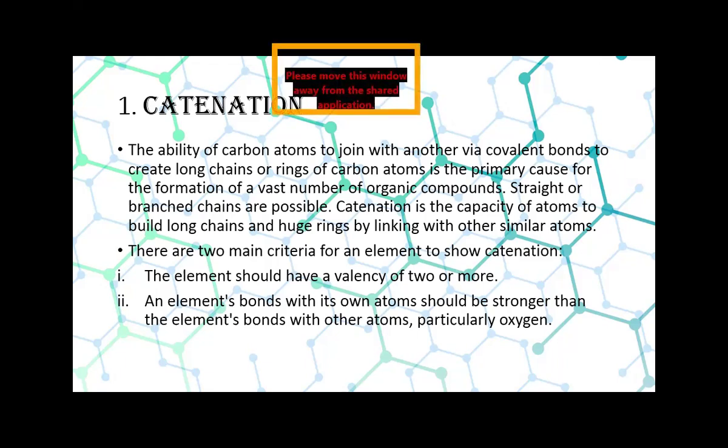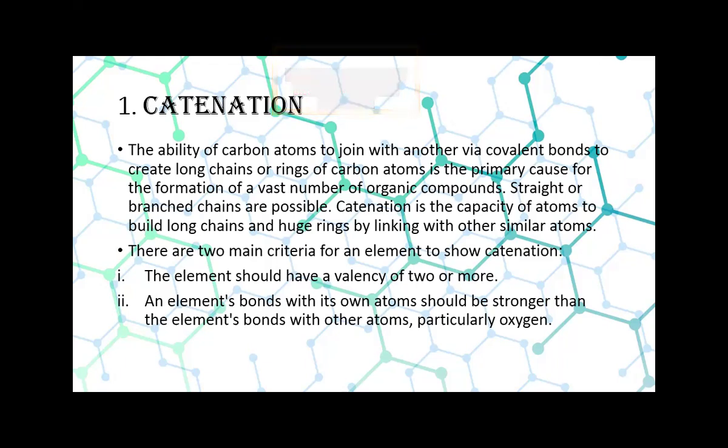So catenation is a property or ability of carbon atoms to join with each other via covalent bonds, creating long chains or ring structures. So the first property that is the primary cause for the formation of the vast number of organic compounds is catenation. Not all elements have the power of catenation, but carbon has a very large ability of catenation.